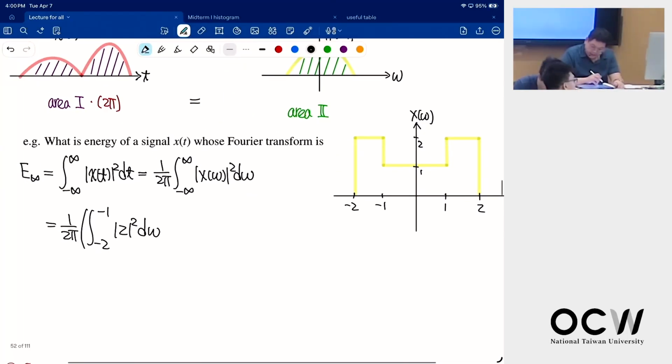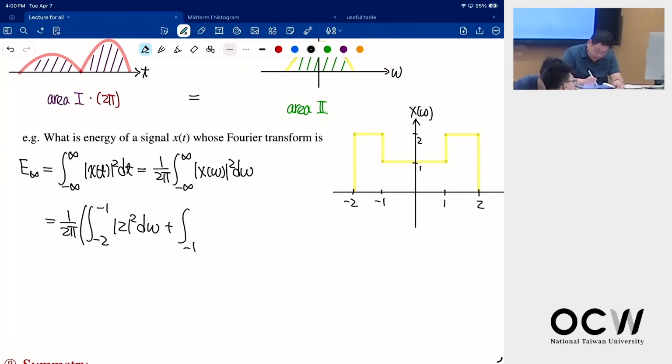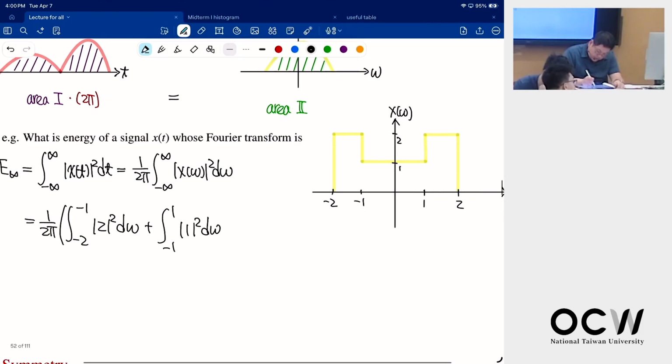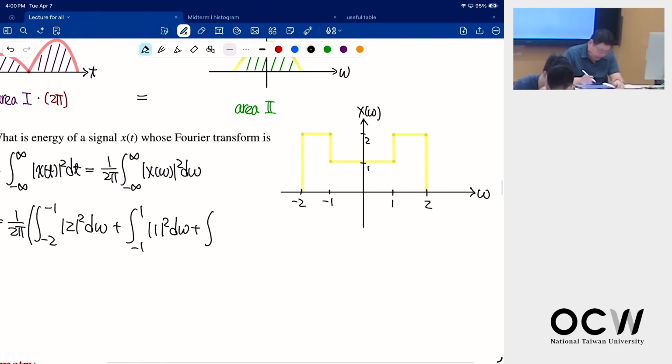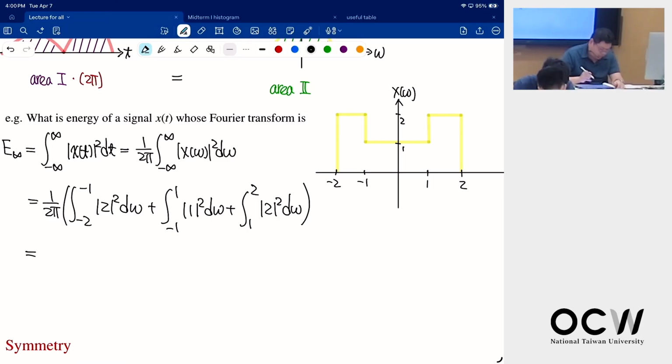And then from -1 to 1. And from 1 to 2, we have 2. So the area is 10. Divide by 2 pi, and you should have 5 over pi.